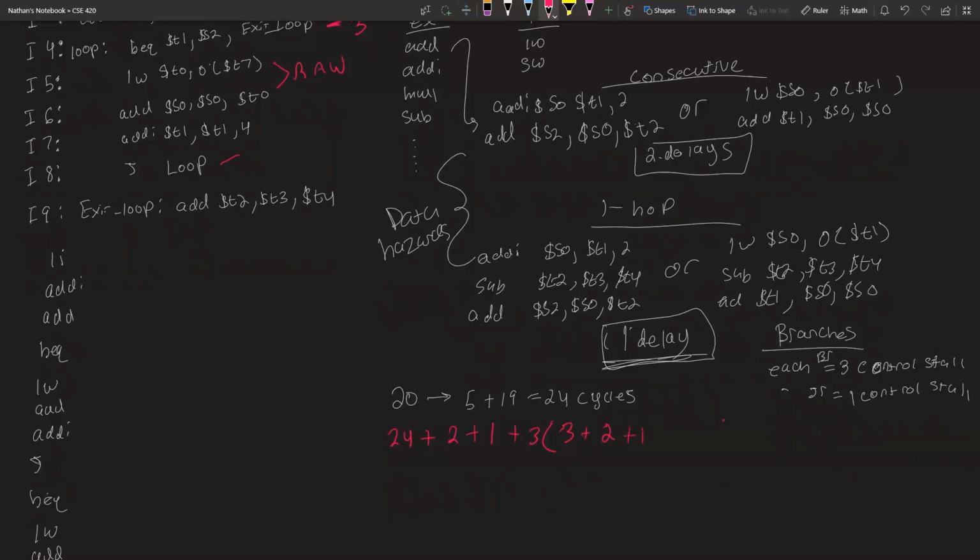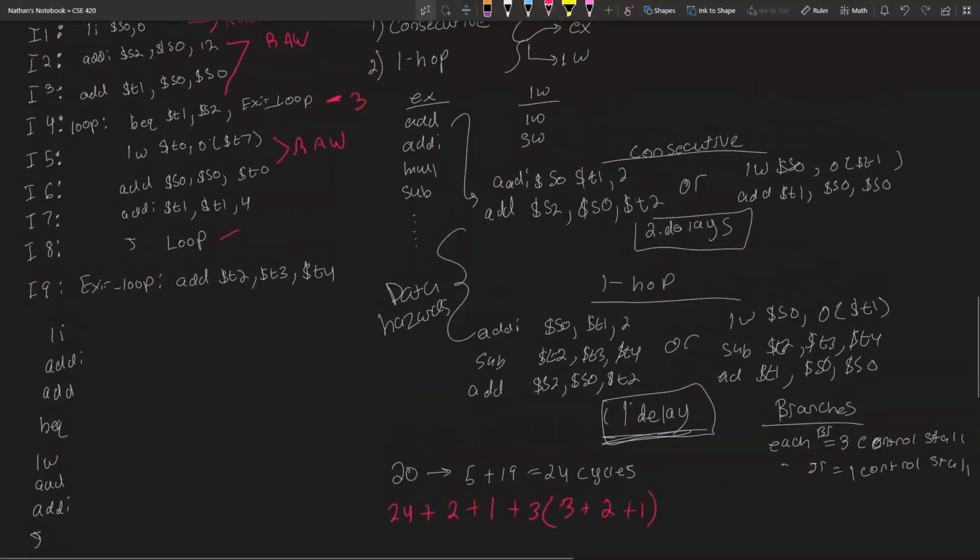So then we add 1. After this entire loop is done executing, and T1 and S2 are equal to each other, we're going to incur one more branch delay because we are still checking. So we're going to add 3. And then there's no more.